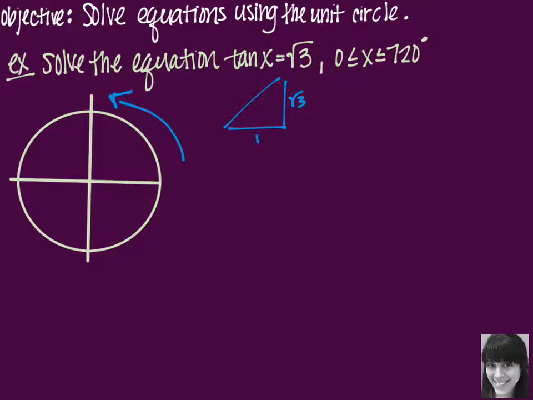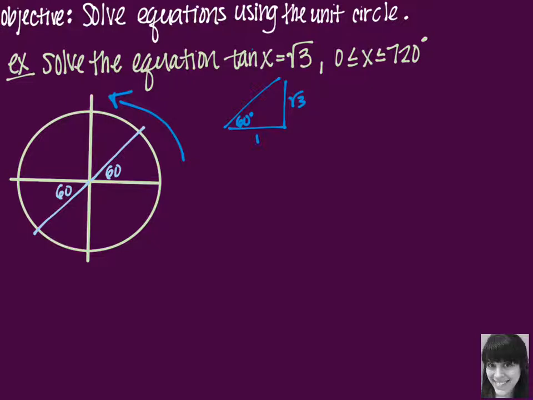So when the opposite is square root of 3, then that means that the angle needs to be 60. And tangent is positive in the first quadrant and in the third quadrant. So this is going to be 60. Let me do that better. 60 and 60.